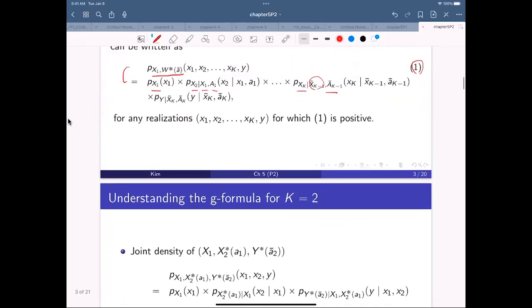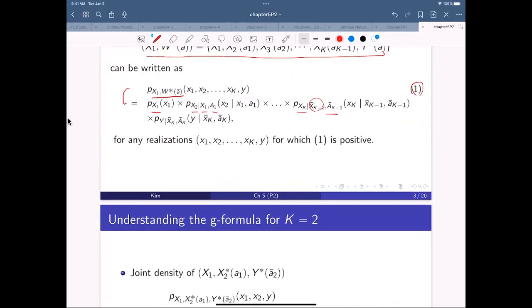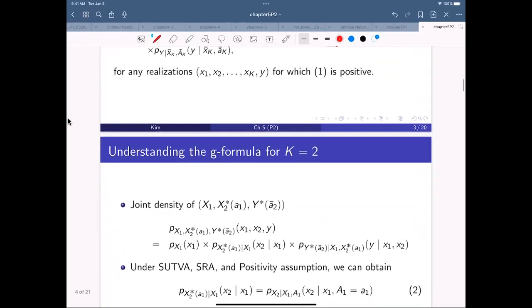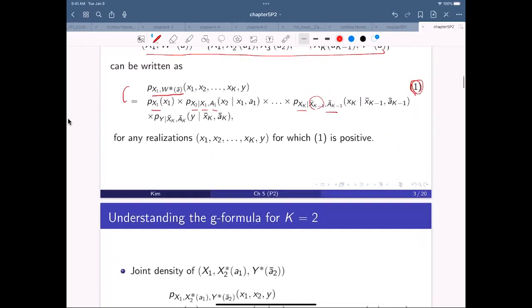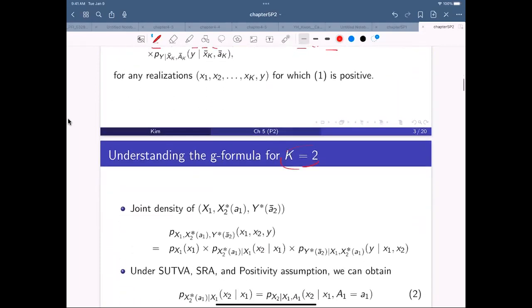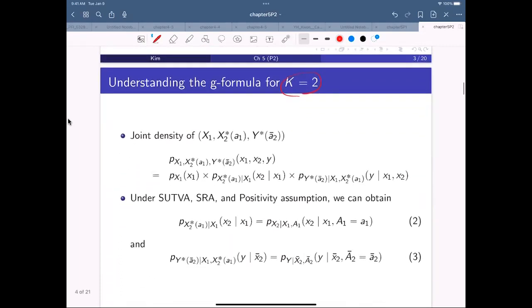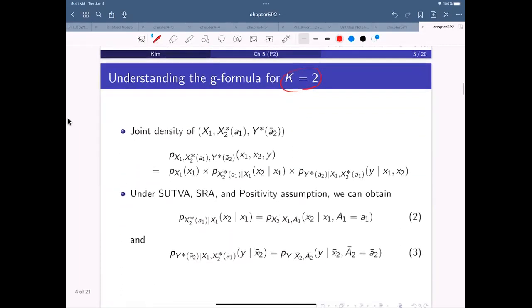Okay, so let's try to understand what that actually means for the simpler case, K equals 2, but the generalization should be the same idea. Maybe the notation is more complicated, but the essential idea should be the same.